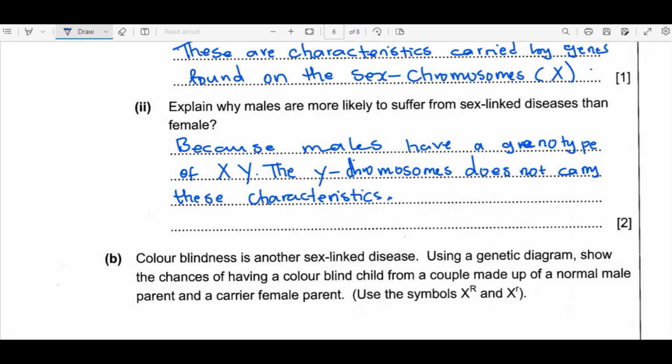So for a situation of carrier, we need to have one capital letter and one small letter, which is the carrier. Now since there is only one X, there is no chance of being a carrier. So it's either the person is okay or normal. So because of the presence of only one X chromosome, there is more chance for a man to get this particular disease. So we're saying because males have a genotype of XY, the Y chromosome does not carry these characteristics.